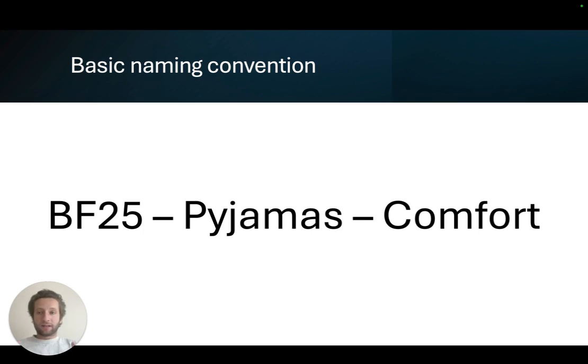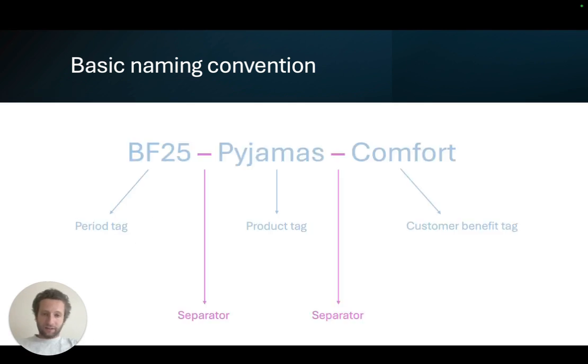Here, I'm giving you an example of a basic naming convention with an example of an ad name. This is the name of an ad, BF25 Pajama Comfort, meaning BF25 Black Friday. If we look at this ad name, you can see visually it's very easy to understand. In fact, there are 3 tags separated by 2 separators.